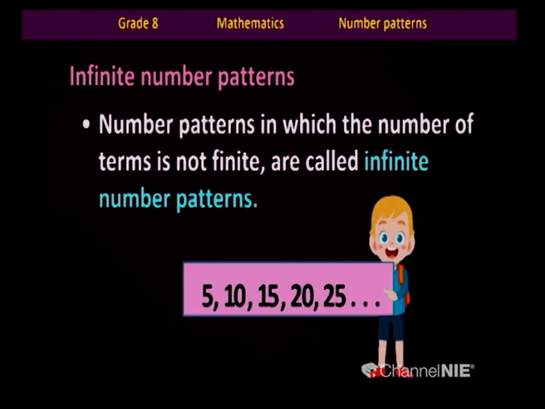So, there is a special feature that we can identify an infinite number pattern. How to identify an infinite number pattern? If the number pattern is finite, when writing the terms, we can obviously write from the first term to the last term. But if the number pattern is infinite, we can't mention all the terms when listing down the terms.